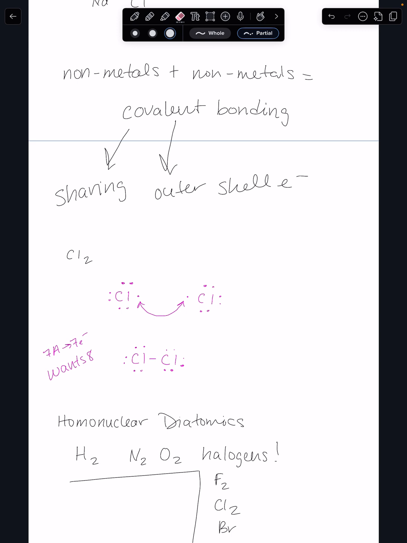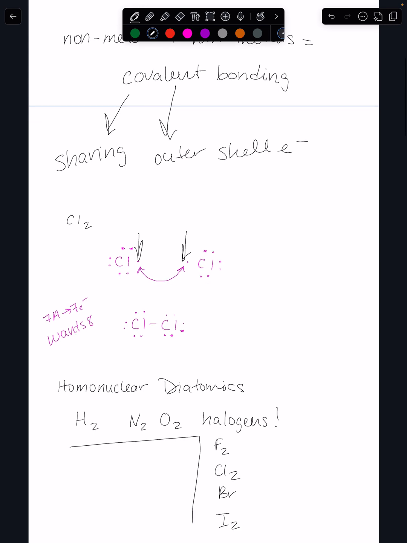So a way that it can fulfill that, having 8 electrons around it, that's also called the octet rule, is by sharing that single electron from each chlorine. You can see here, drawing arrows down. So the chlorine shares that electron, and the chlorine on the right perceives that it has 8, and the chlorine on the left perceives that it also has 8 electrons, and that satisfies the octet rule.